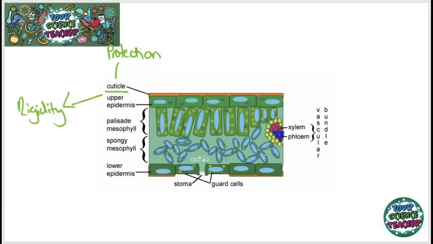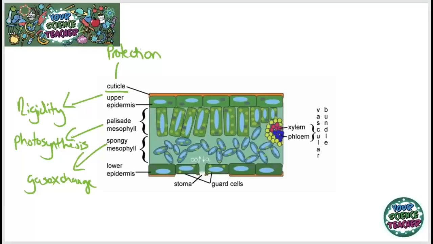Then underneath the upper epidermis, we have the palisade mesophyll layer, and the palisade mesophyll layer is where photosynthesis occurs. The reason why it's positioned here is so that it can get the most sunlight as possible, and also it's still close to the spongy mesophyll underneath, so that gas exchange can take place and it can get enough carbon dioxide and get rid of some of the oxygen that it stores.